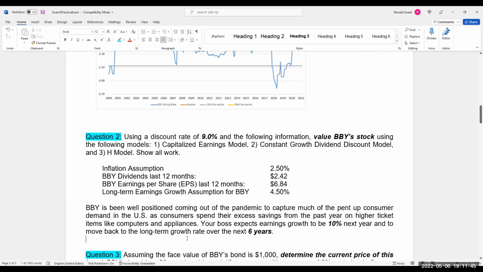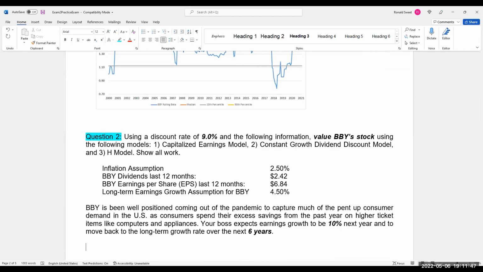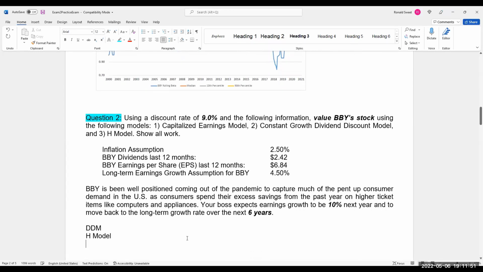All right, so here we just do the formulas. It's very straightforward. You've got the dividend discount model, the H model, the capitalized earnings model. So dividend discount model, you take dividend 0 times 1 plus long-term growth divided by KE minus long-term growth.